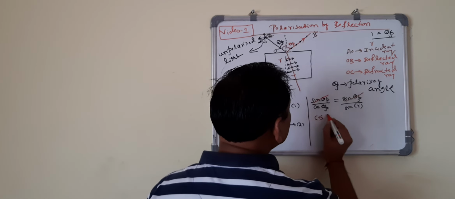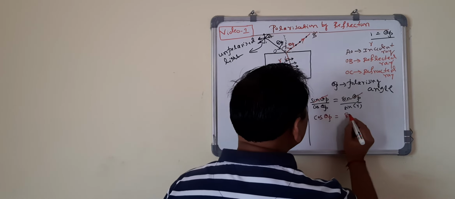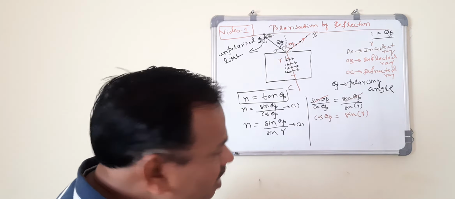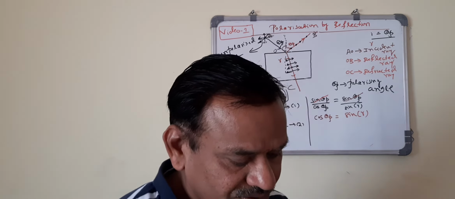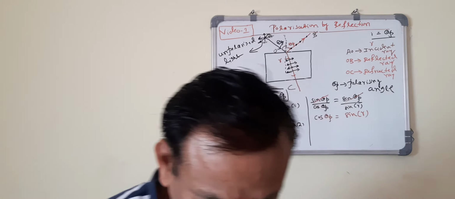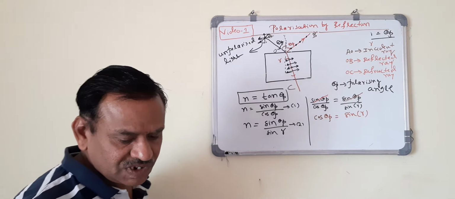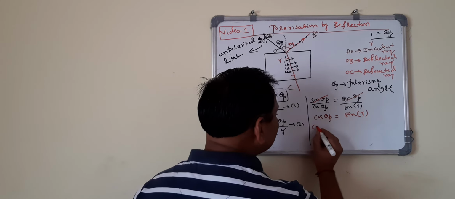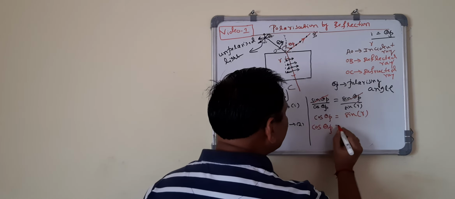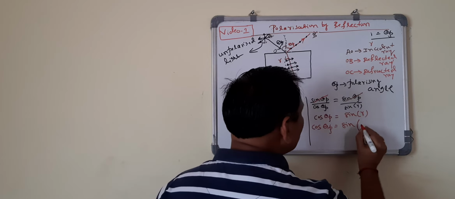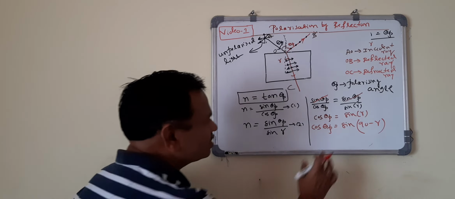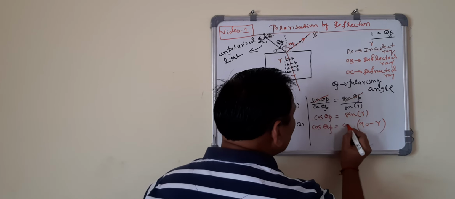Cos theta p equals sin r. Now can I write cos theta p equals sin of 90 minus theta p?